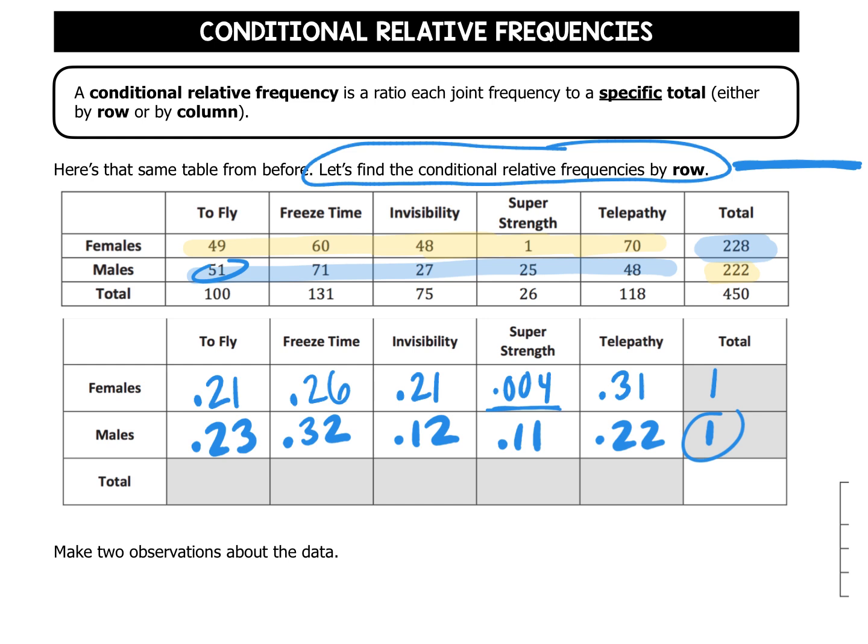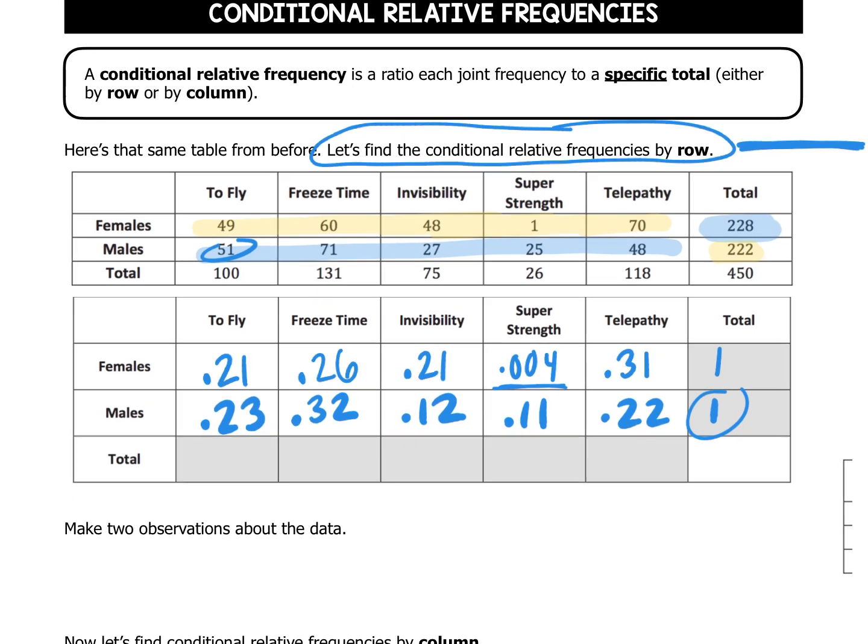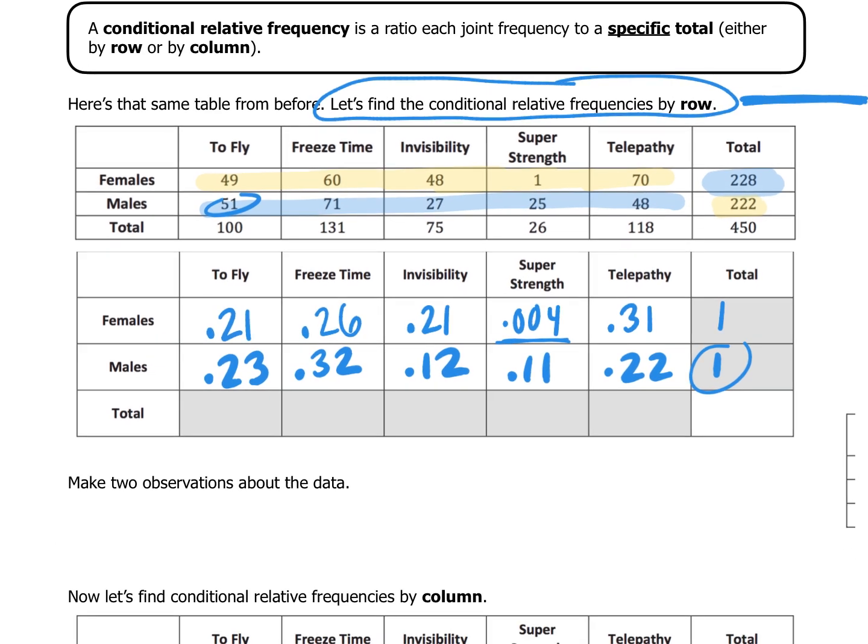Down here, there really is not necessarily a meaning to filling in the rest of the chart, but I should. So here the total is 450. For this bottom part, we're dividing by 450. So take 100 divided by 450. Okay. So 100 divided by 450 is 0.22.